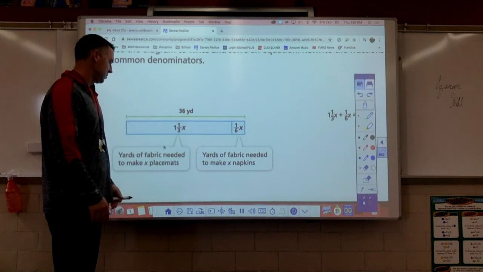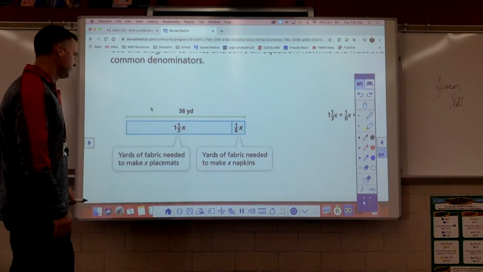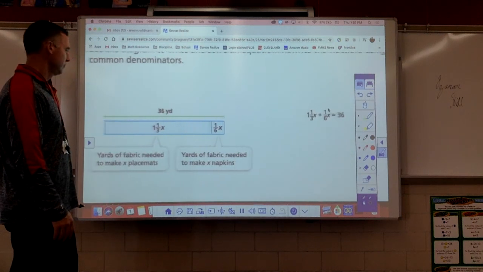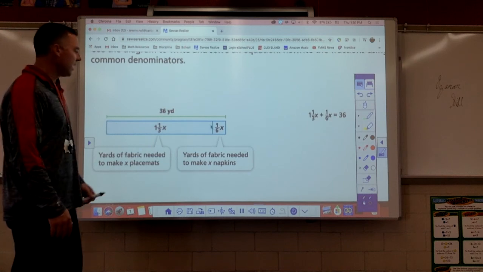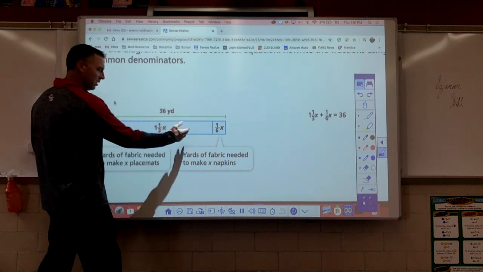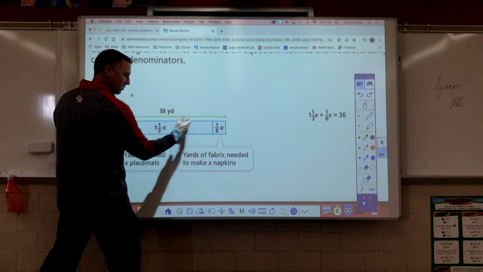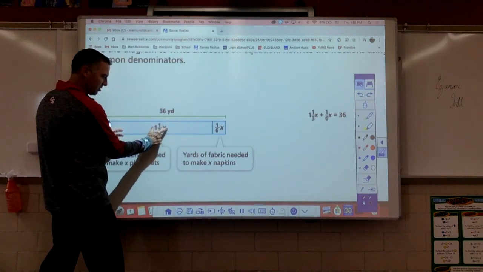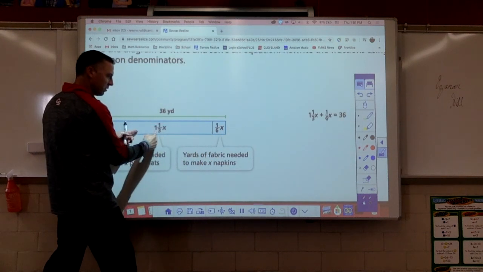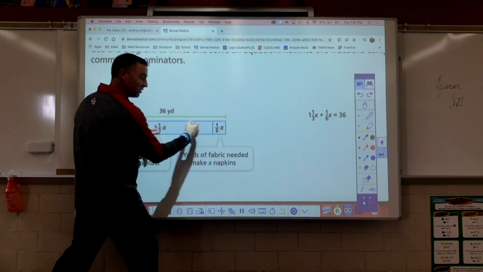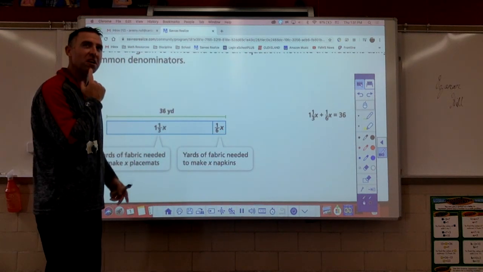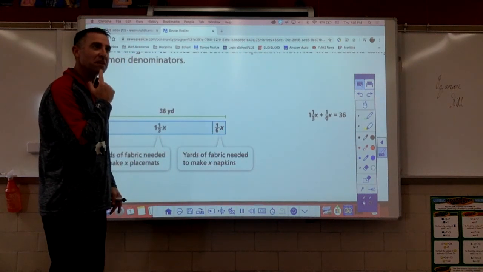Mr. Noel, can you make sense of this? I don't understand the bar diagram and then how they got this equation over here. Can you make sense of that for me? Yeah, okay? So when we look at this bar and this bar together, so this term here represents this bar and this bar together. That word together must mean to add.